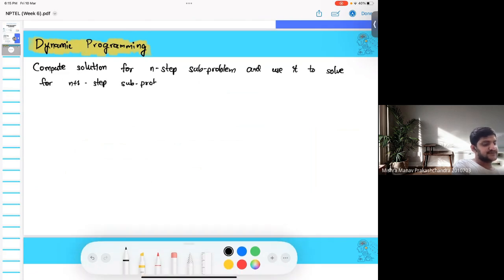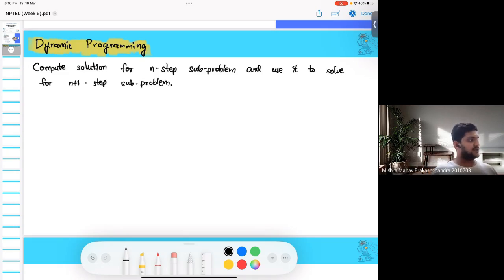It's an iterative process. Whenever you have a solution for an n-step problem, you use it to solve for the n plus 1th step solution, and then the n plus 2th solution, and so on. This is the iterative fashion in which dynamic programming works.